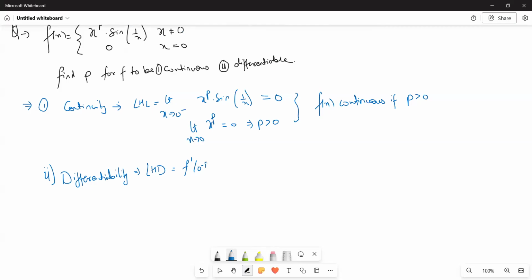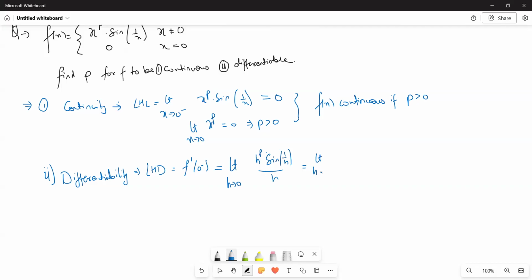So f dash 0 minus would be limit h tending to 0 of f of h, so h power p sine of 1 by h, minus f of 0, which is 0, divided by h.